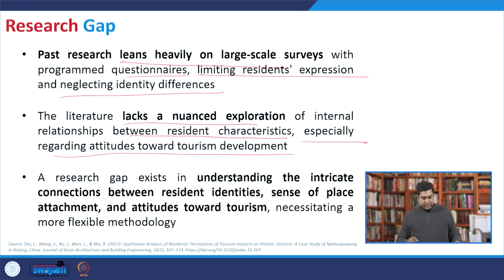A research gap exists in understanding the intricate connection between resident identities, sense of place attachment, and attitude towards tourism, which necessitates a more flexible methodology where you can gather that kind of qualitative understanding of experience and feeling. So, for that reason, this research required a qualitative approach.